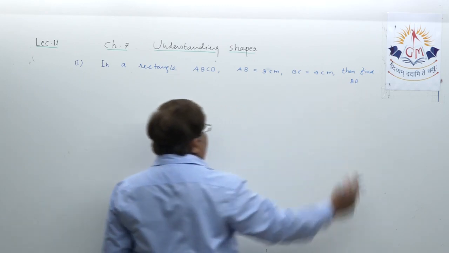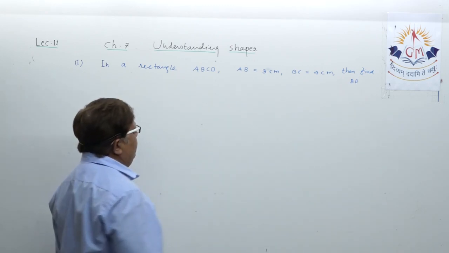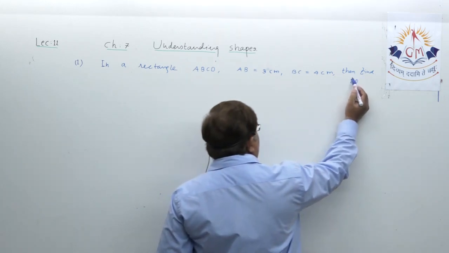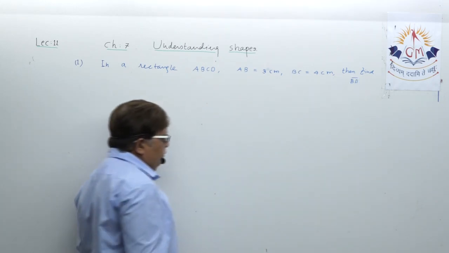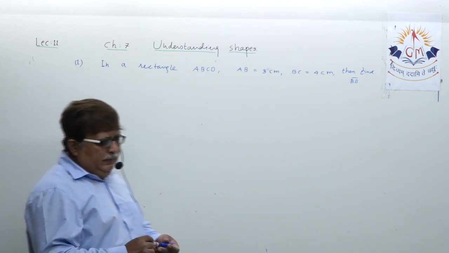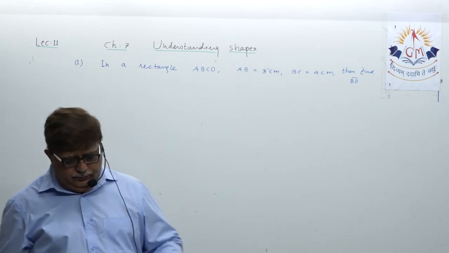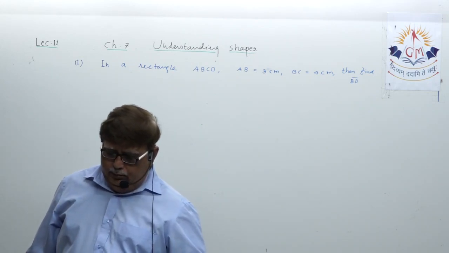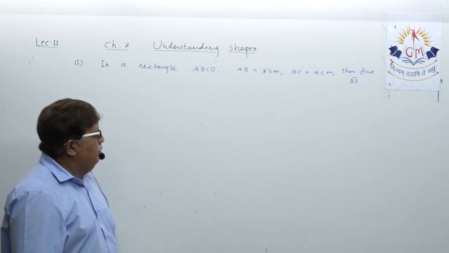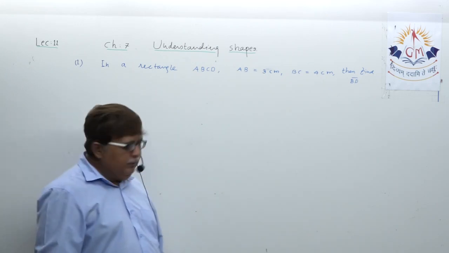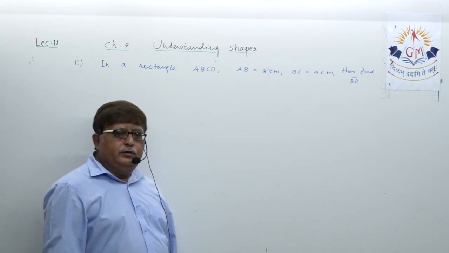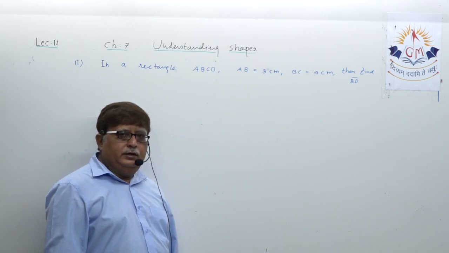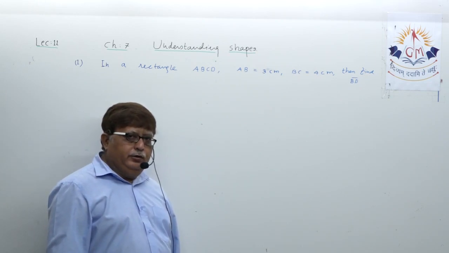Okay, suppose an example is given to you that in rectangle ABCD, AB equal to 3 centimeter, BC equal to 4 centimeter, and you have to find BD.